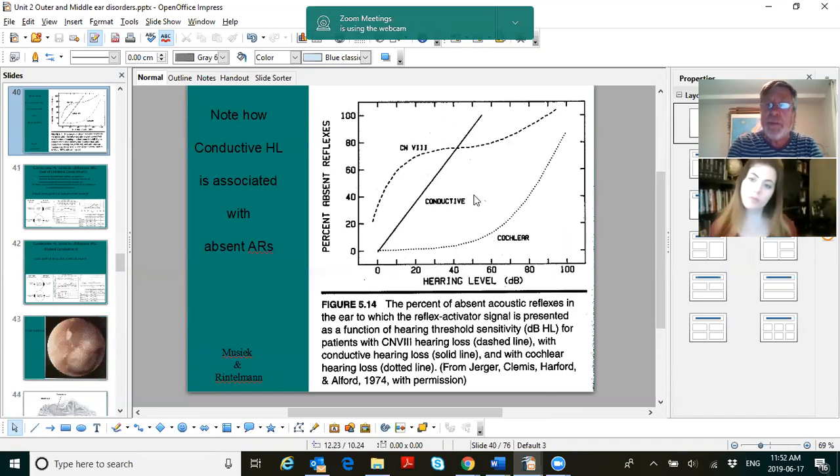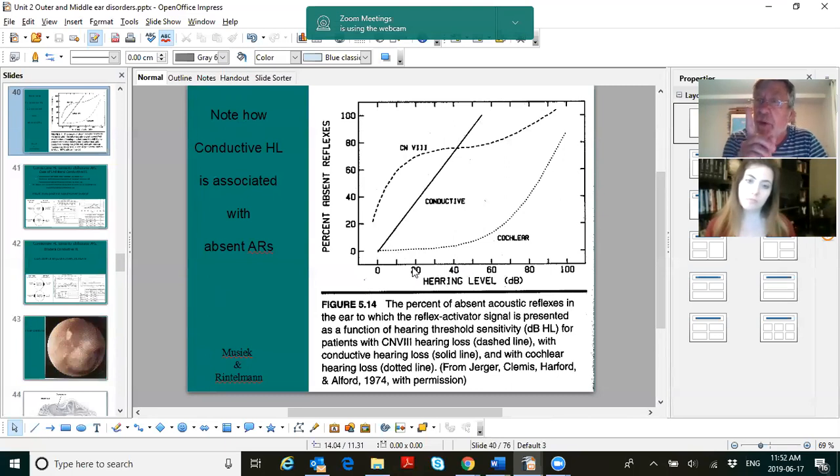And notice how that line goes up. This means if you have a conductive hearing loss of about this amount where I'm circling, you're going to have absent acoustic reflexes. You'll have a 100% chance of absent reflexes. So the conductive hearing loss doesn't have to be very much in degree to obliterate acoustic reflexes.